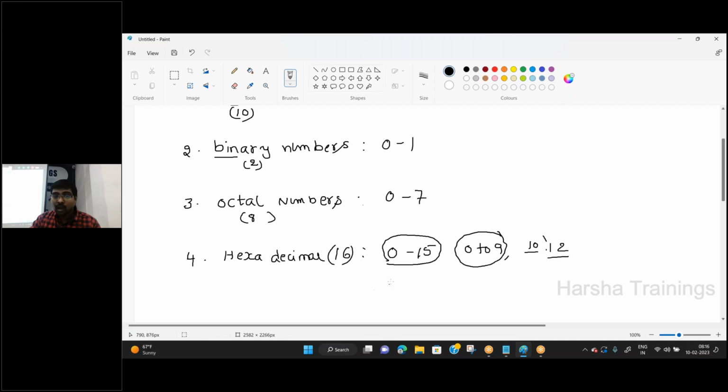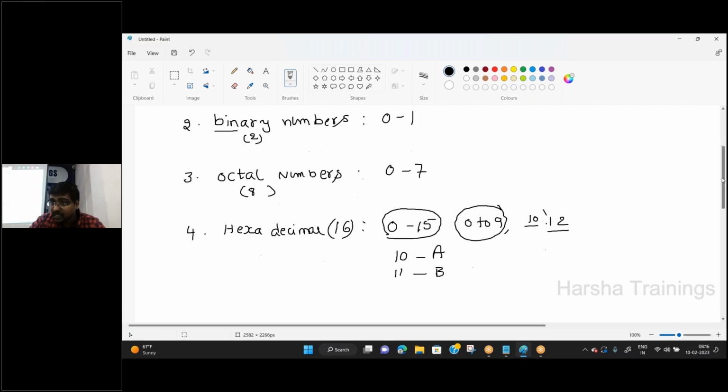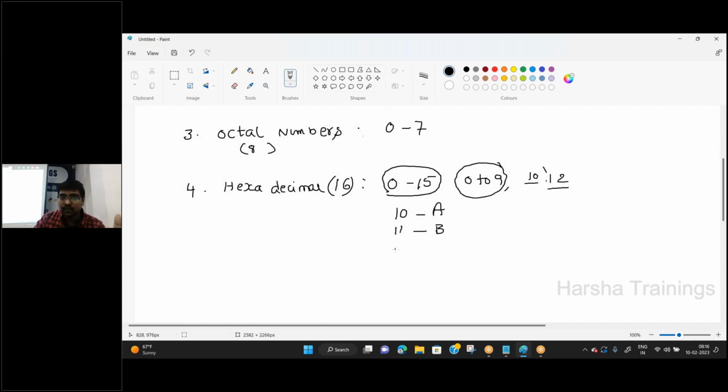To represent the value 10, right now you are not understanding, I will explain in depth, not a problem. 10 is represented as A, 11 is represented as B. Just now you only listen, first 5 minutes. I will explain, then you will understand clearly. You can use either uppercase or lowercase.